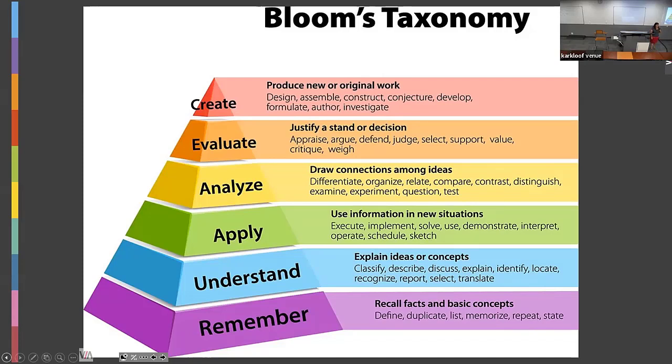Right. But often, for you to be able to get to your higher order, you have to have a command of the lower order. Right, so let's briefly look at each of them. Your very lowest level of thinking would be that of remembering, right? Just remembering, so you recall facts and basic concepts.